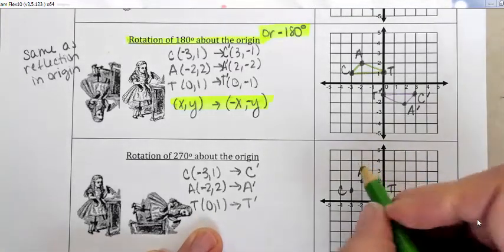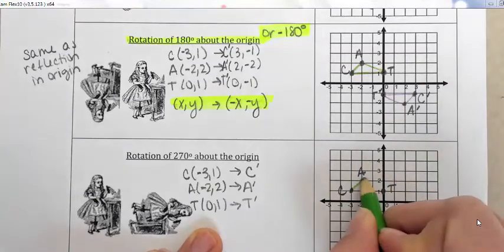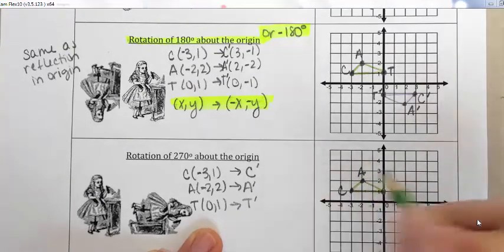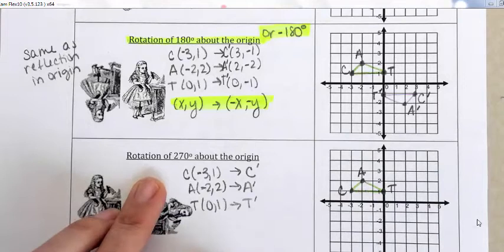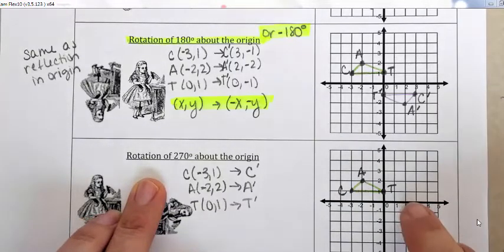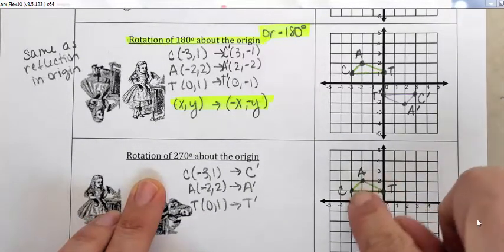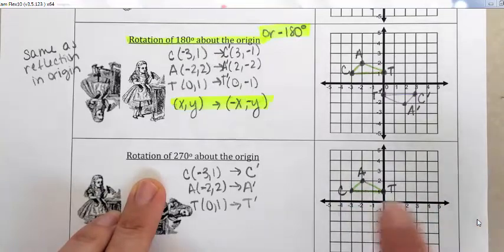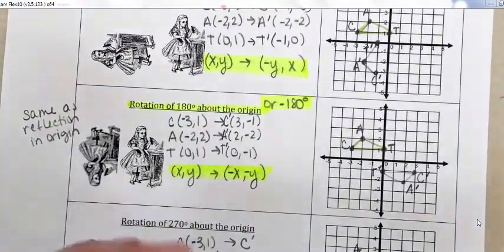So there's our original triangle. And now I'm going to rotate it 270 degrees. So that means, if this was 90 degrees, 180, I need to go one more time, okay? One more than we've done so far.